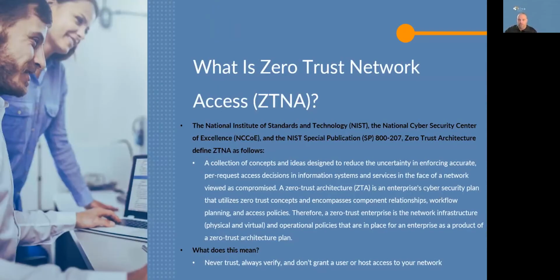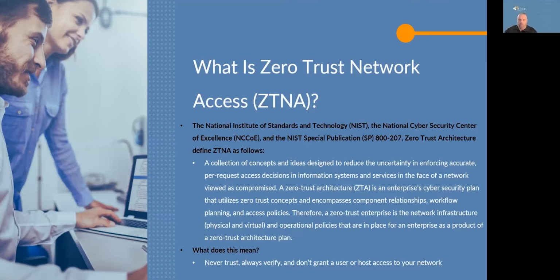So what is zero trust network access? I want to split this up into two ways of looking at it. One is the technical definition that NIST and the Centers for Excellence put out, as well as some of the publications that are out there that you can download from the internet. And then really, what does it mean in layman's terms for all of us?